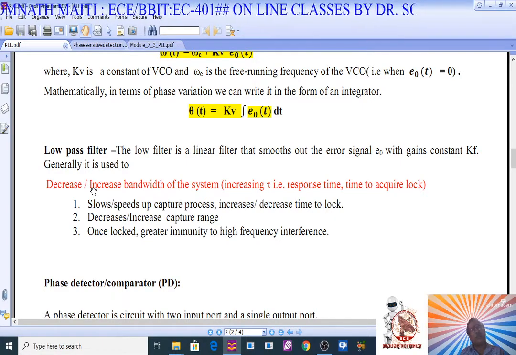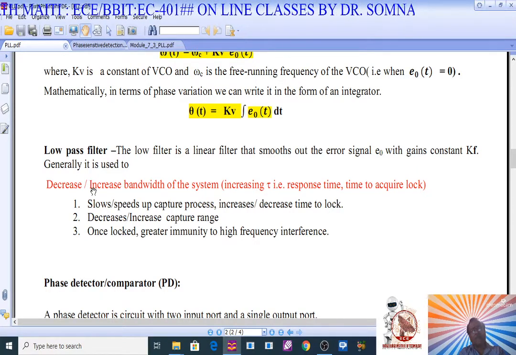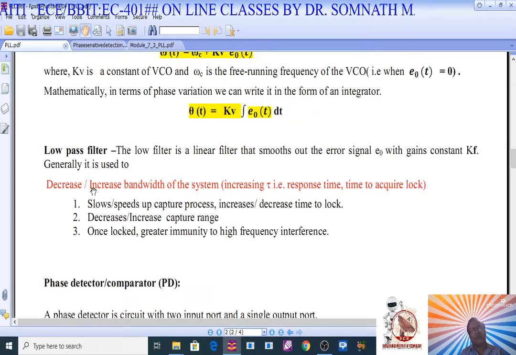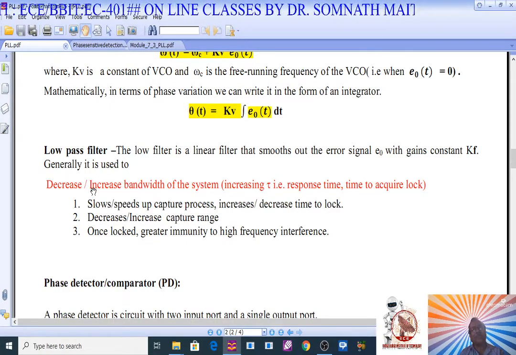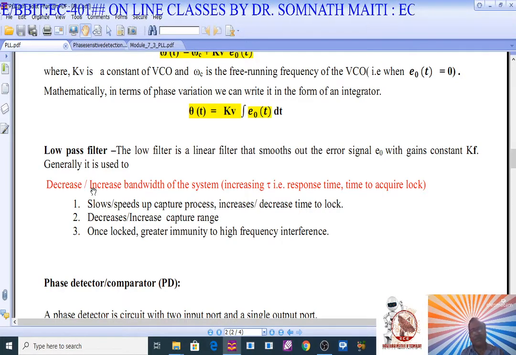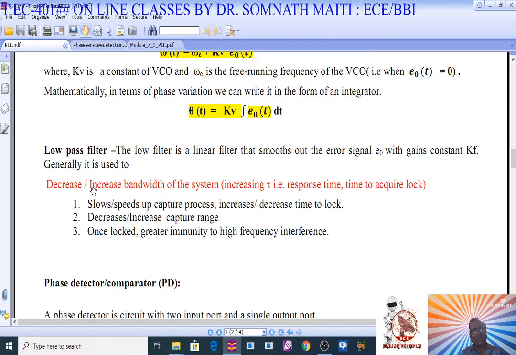Now this low pass filter controls the bandwidth. This PLL is also a sort of filter whose bandwidth can be tuned, or you know, whose center frequency can be varied.